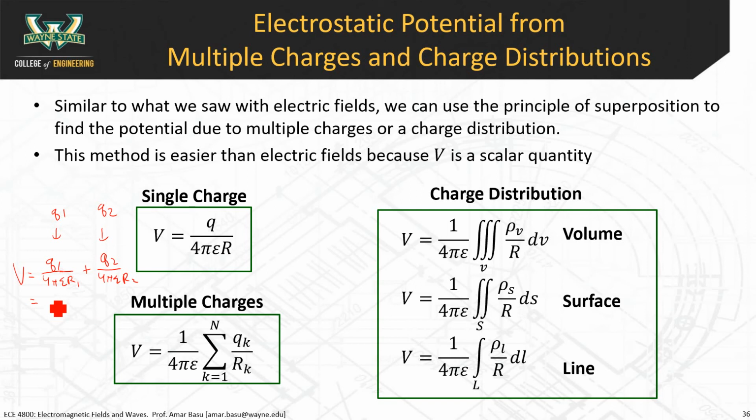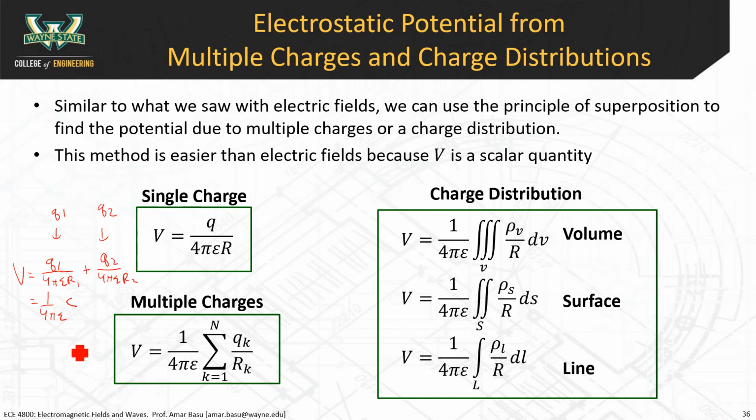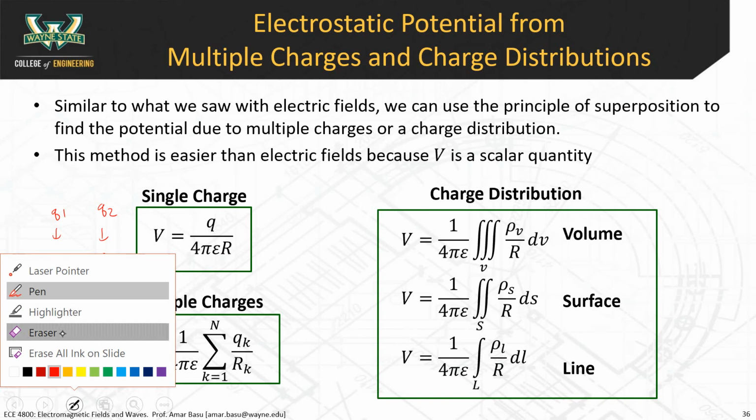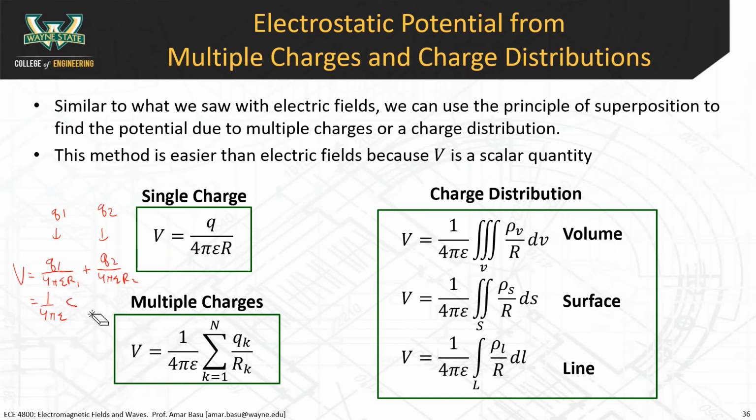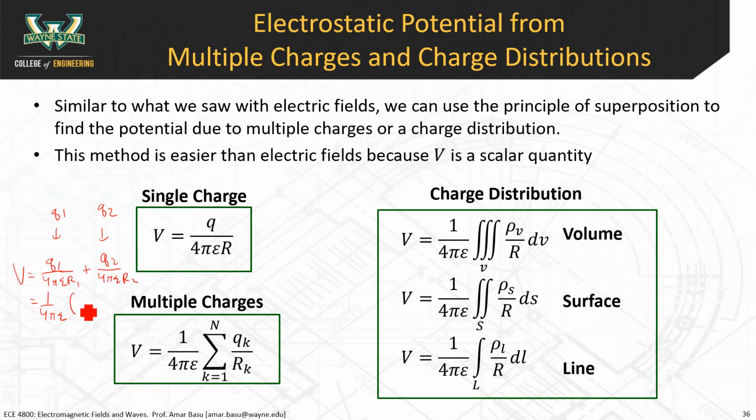If you simplify this by taking out the 4 pi epsilon, then you have Q1 over R1 plus Q2 over R2.